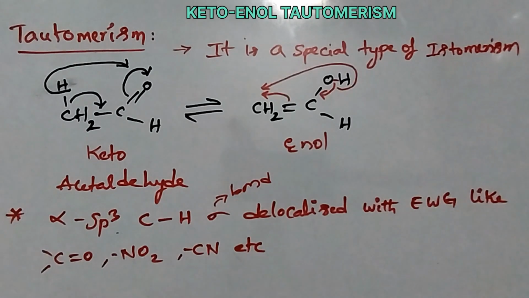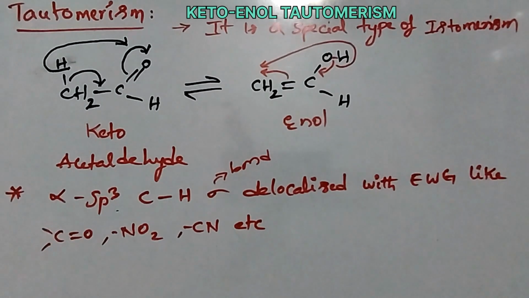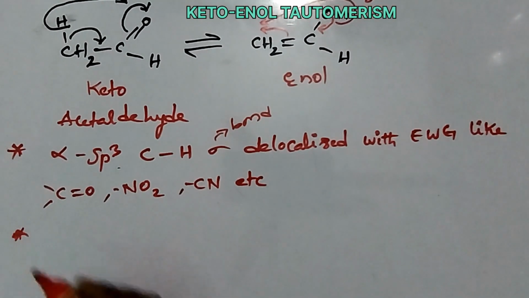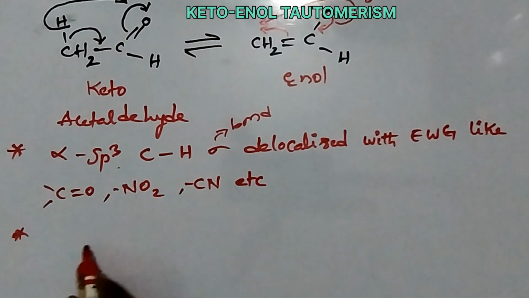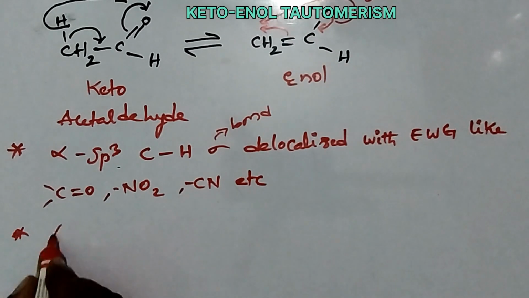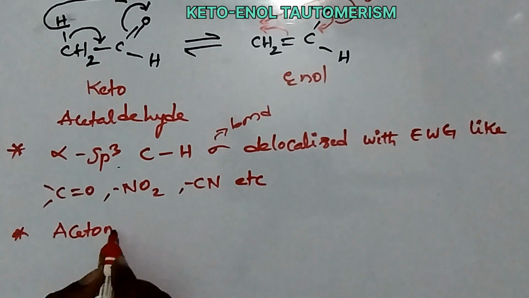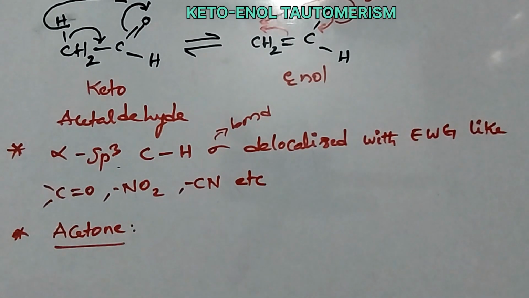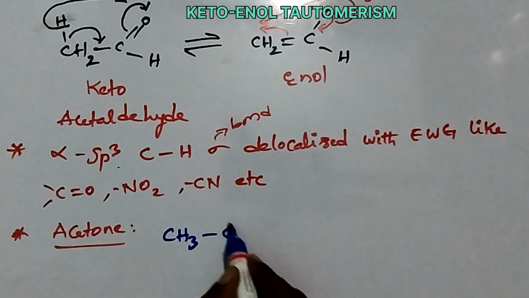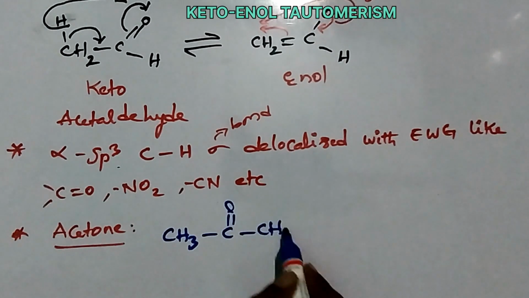If we take acetone, which is alpha sp3 and also has a carbonyl group, CH3 C double bond O CH3.